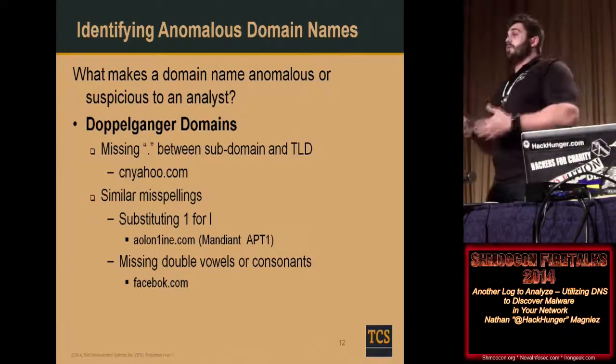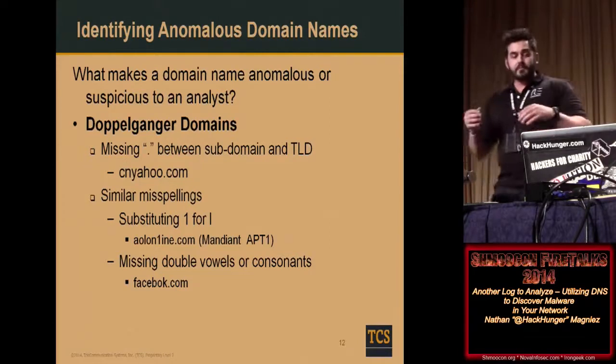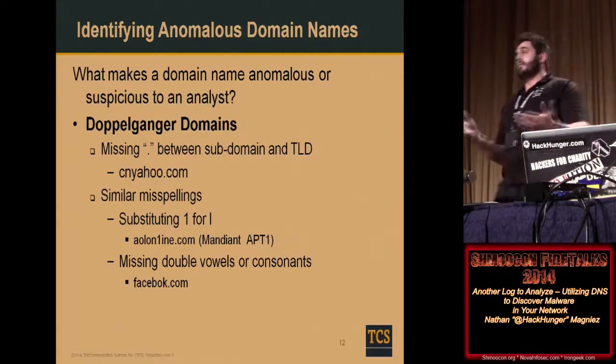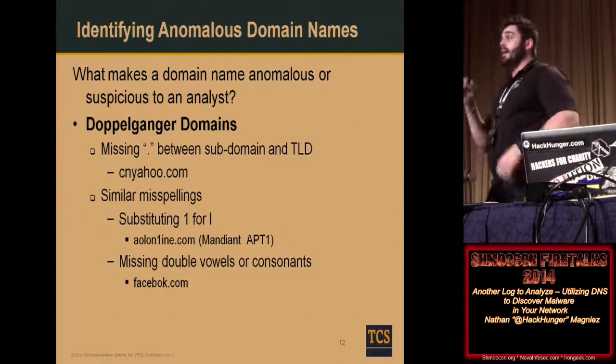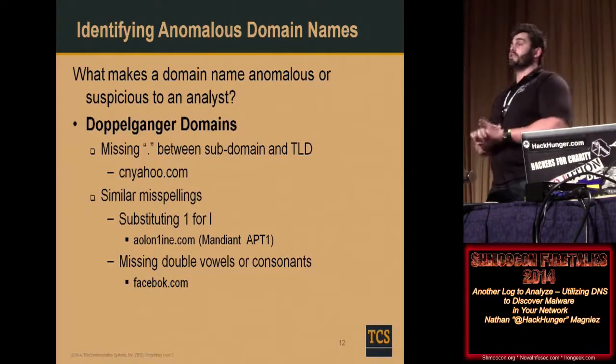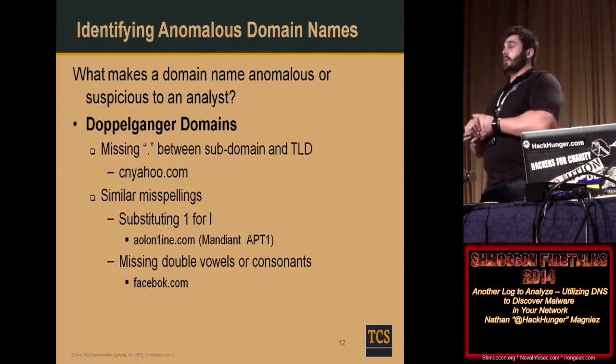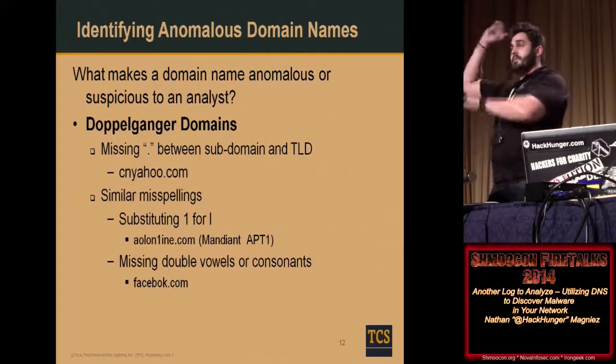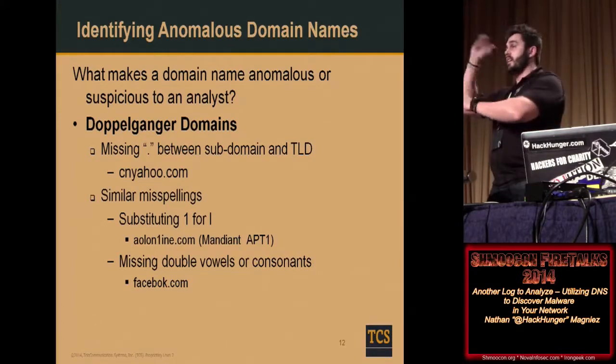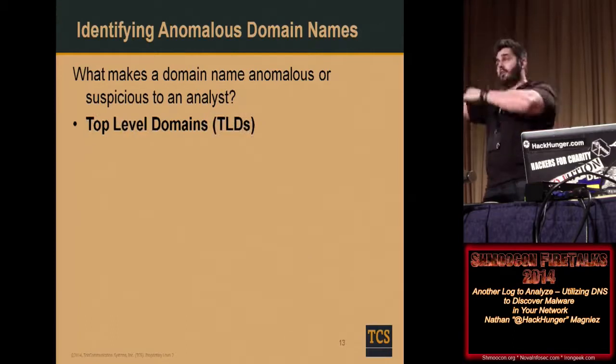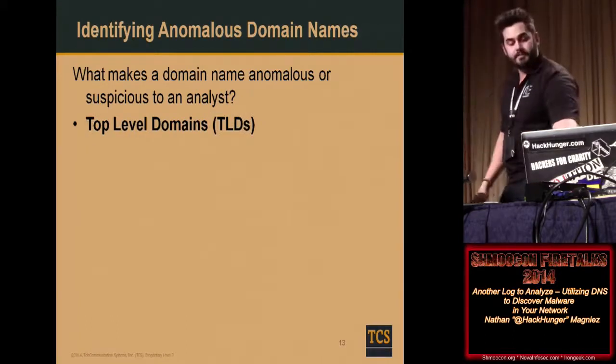Also, double vowels or missing consonants, in this example Facebook.com. It's something you may gloss over, just like if you're looking through a task list and you see a lot of service hosts, you may gloss over the one that's actually malware.